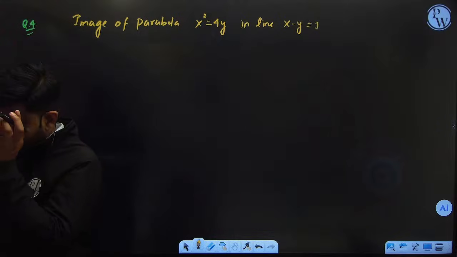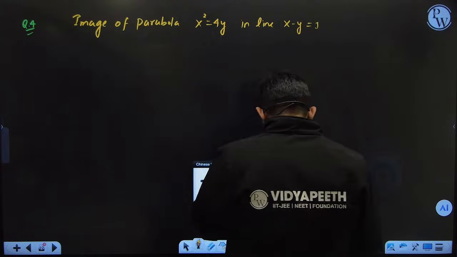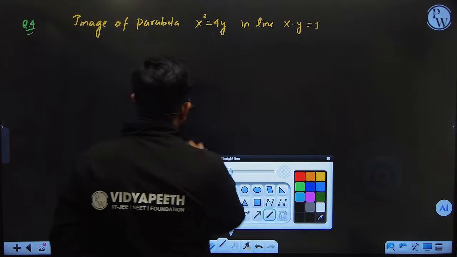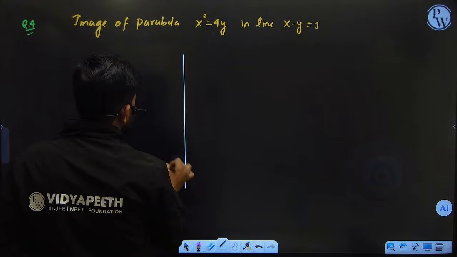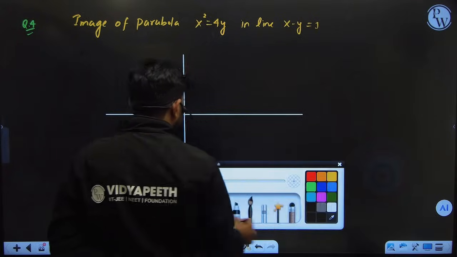Again this is a very standard question, because we need to find the image. For the image, firstly we'll draw a rough figure. The figure will be like this: one parabola is given, and it is a standard, upward parabola.